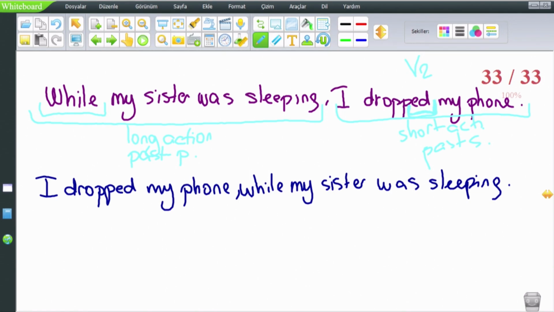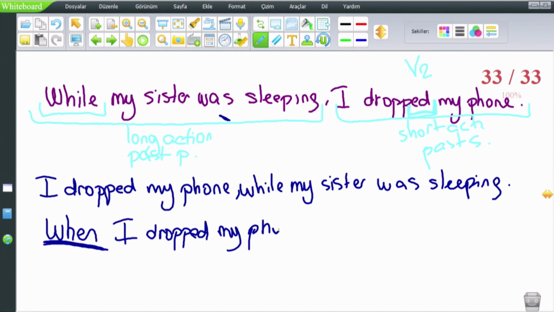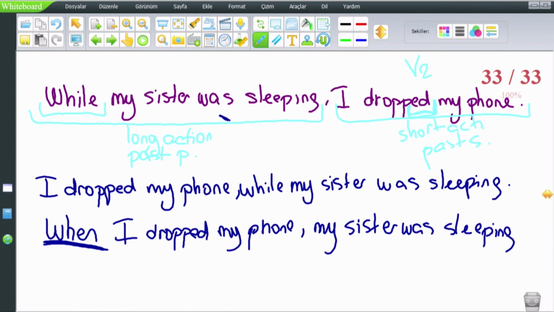Or if I want to rewrite this sentence using when, I have to put it in the sentence where I used past simple. When I, which is the second one, if you look at here, when I dropped my phone, comma use is very important, my sister was sleeping. You can also, again, change the order of these sentences.